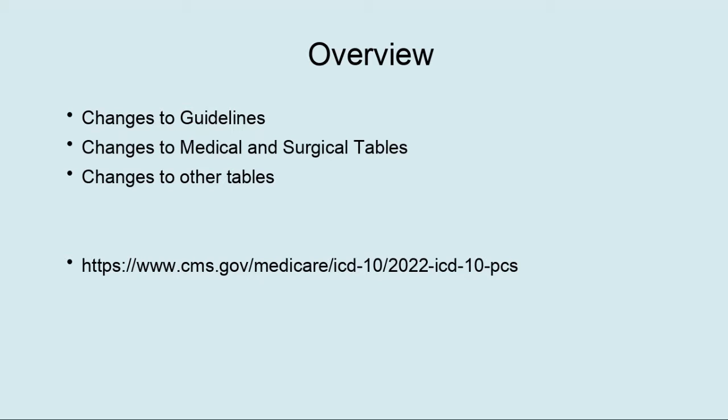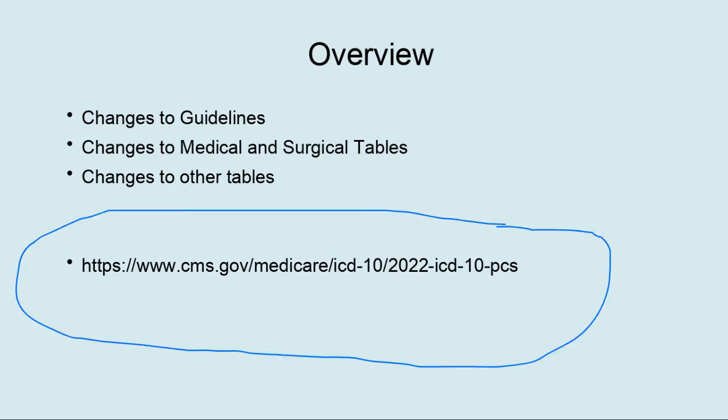This is a really helpful website if you're not familiar with it. This is the Centers for Medicare and Medicaid Services website, and that has a list of all of the new codes, the new guidelines, the new tables, all of that. It also includes the materials from the ICD-10 Coordination and Maintenance Committee.